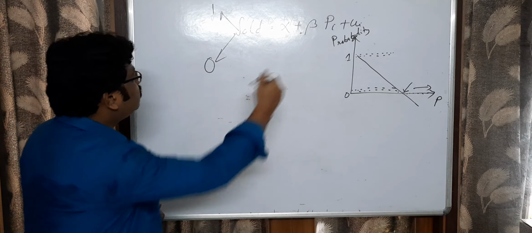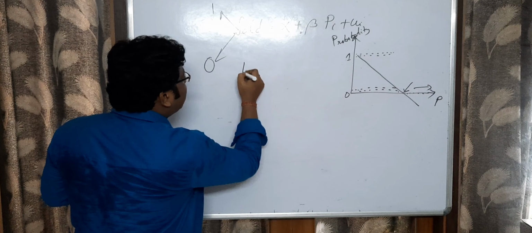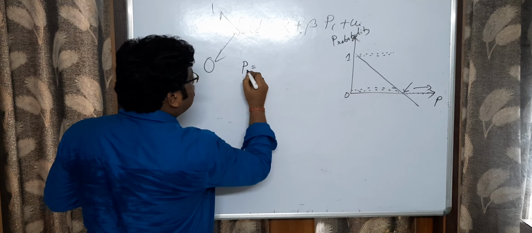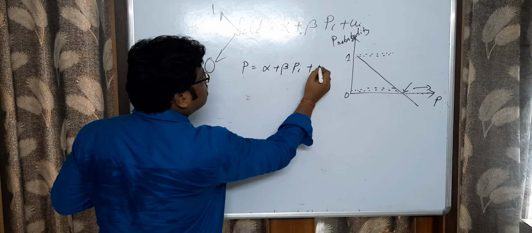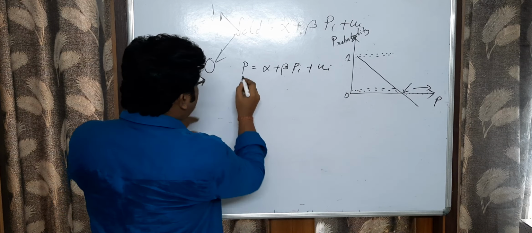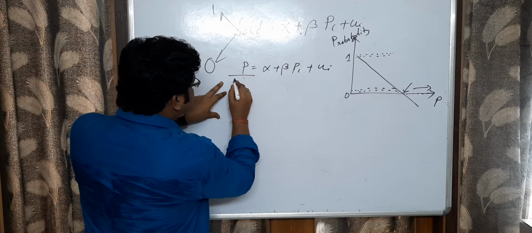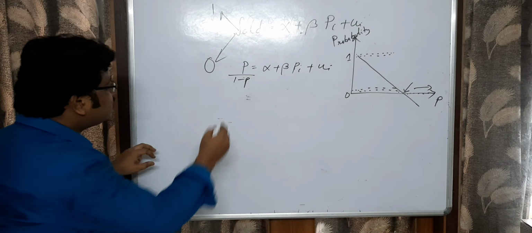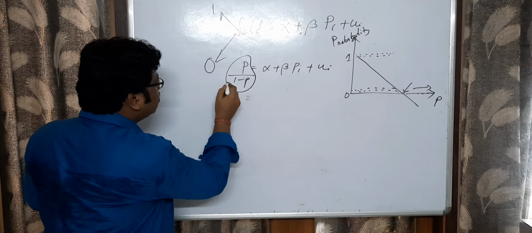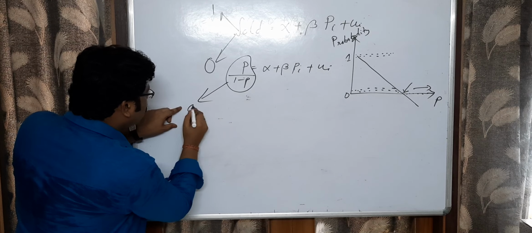Now, suppose I write probability equals alpha plus beta pi plus ui, and I divide this probability by 1 minus p. Then this thing is called the odd ratio.